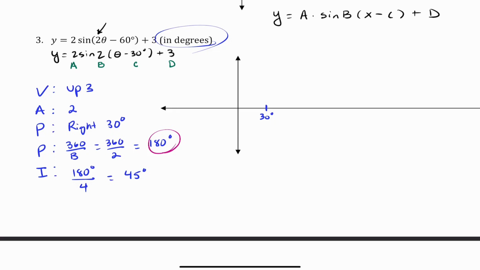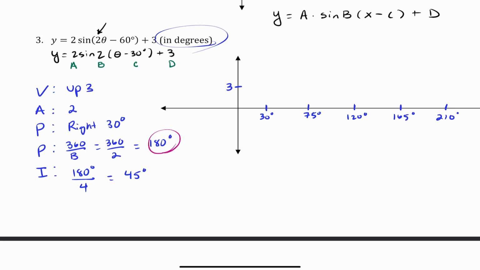So 30 degrees, 75 degrees, 120 degrees, 165 degrees, and then lastly, 210 degrees, because you need 5 points.